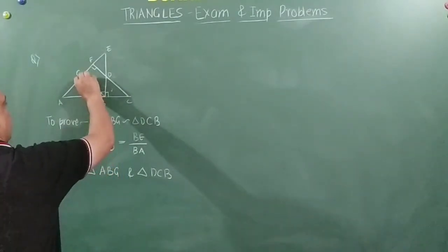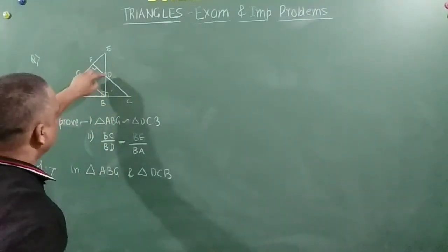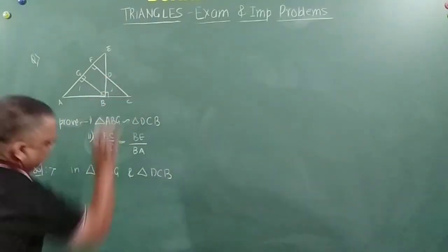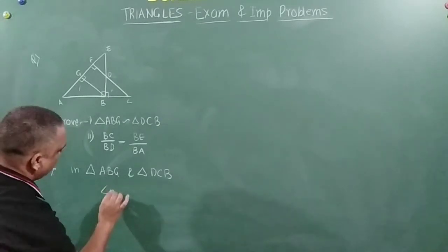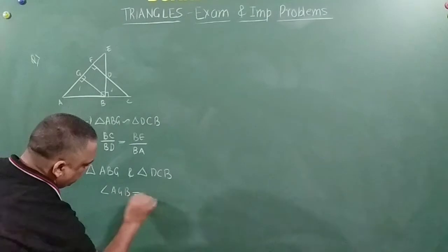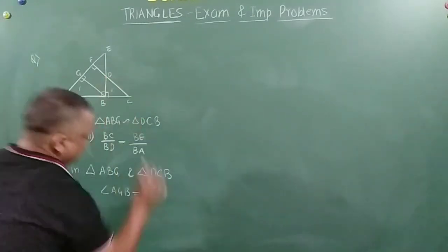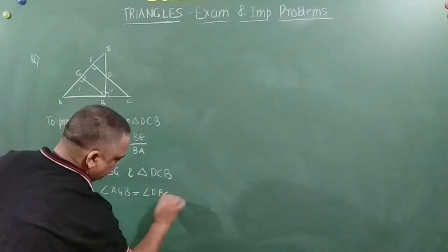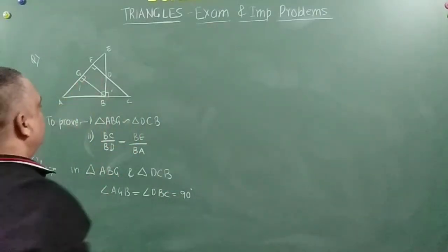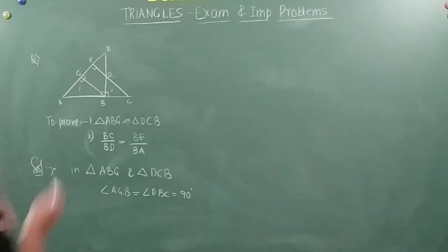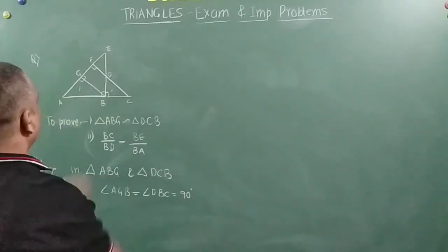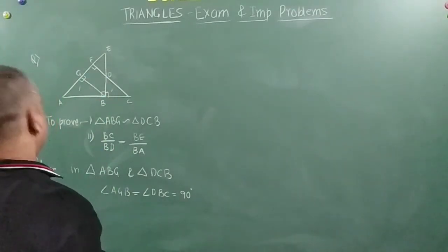Okay, so first I write here angle AGB is equal to angle DBC is equal to 90 degrees, given, right? So one angle we have already proved that it is 90 degrees. Now I want one more angle of this triangle and this triangle to prove that they are similar, right?